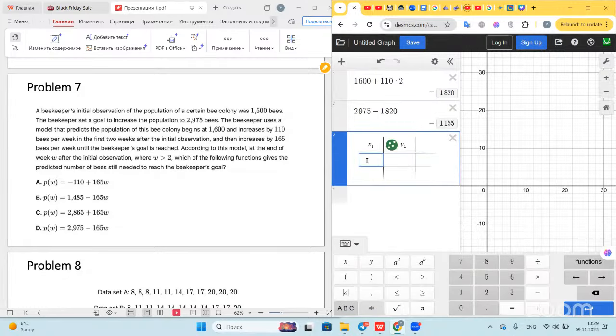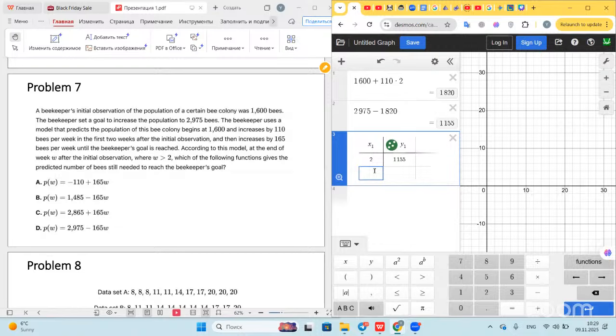Look, let's create a table. At the end of the second week, we still need this amount of bees to reach our goal.